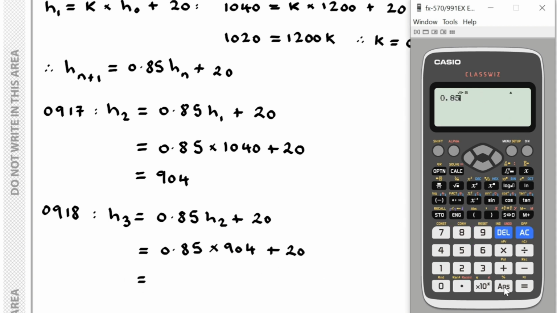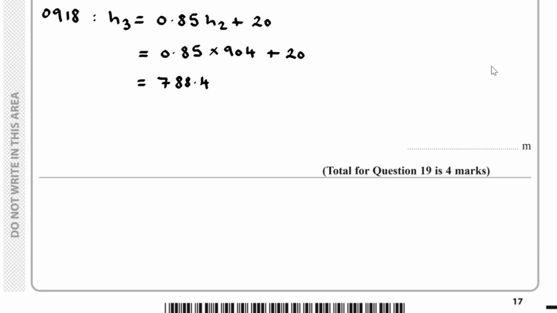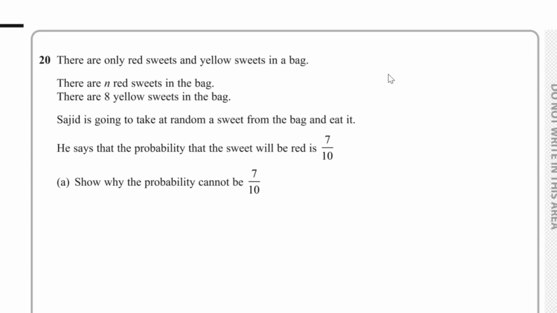So 0.85 times this plus 20 is 788.4. So we have 788.4 meters.